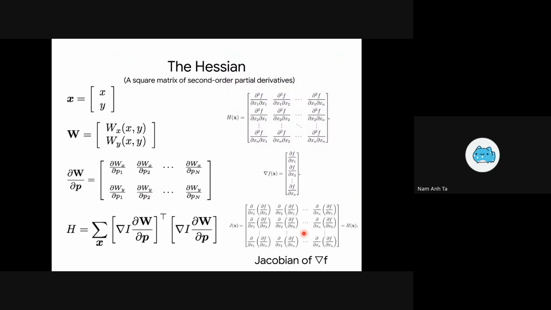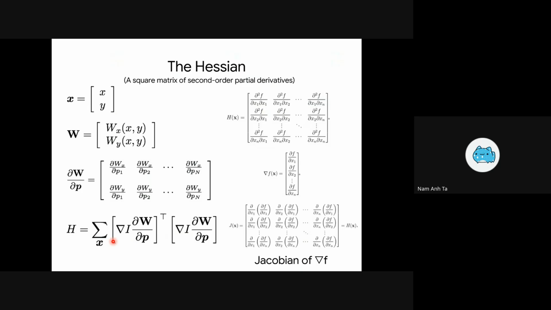So what about the matrix that I just mentioned? Mathematically, it is terrible to look at because it is so complex. But it is actually simply calculated by taking the product of the image gradient and the Jacobian.